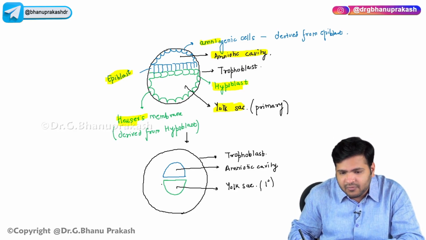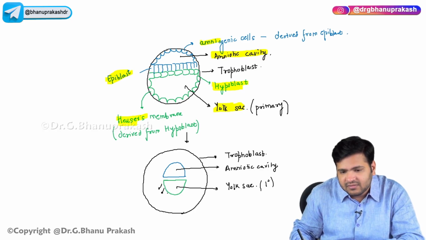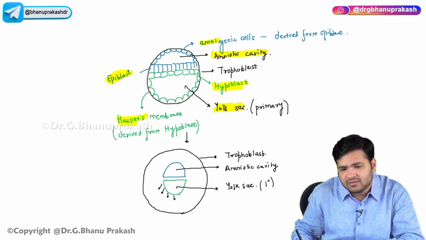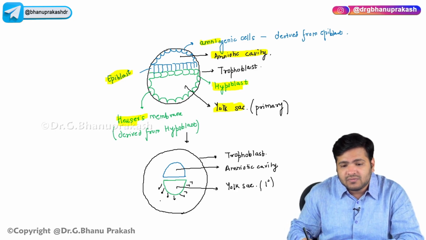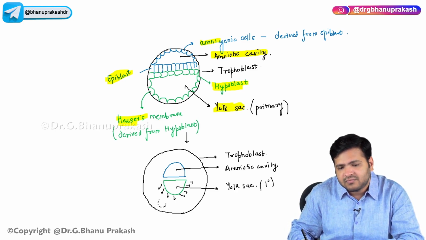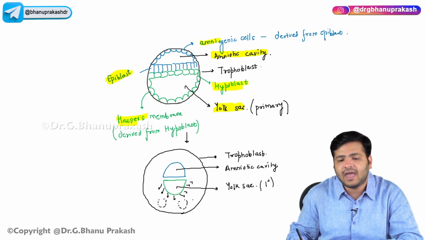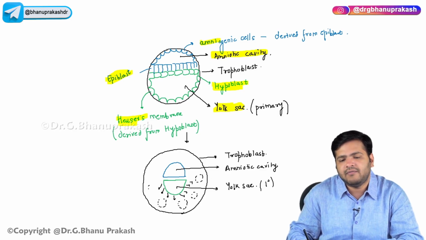Again, this is an update that you have to remember. These walls will proliferate and accumulate outside. They will give rise to small pouches outside, right? These small cavities will be formed all around.